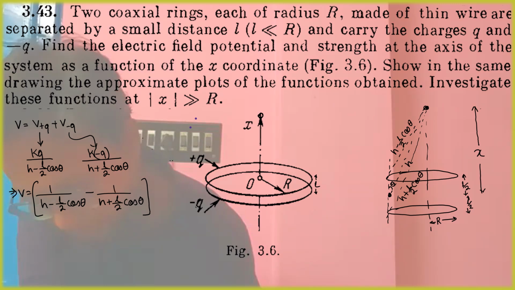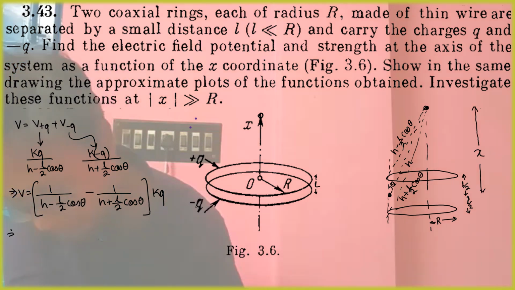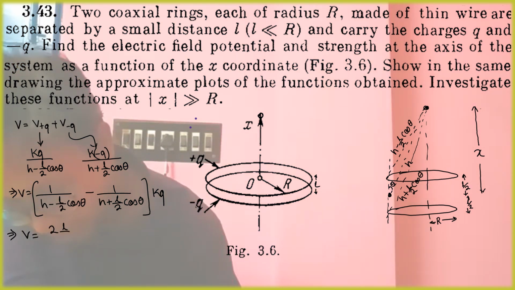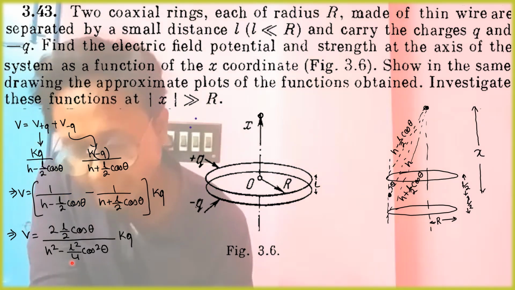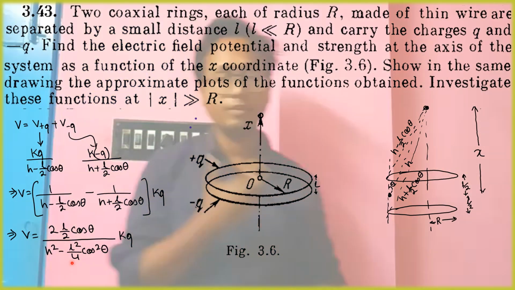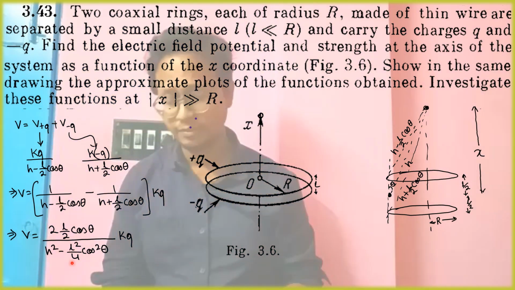Then I have to subtract this term from this term. So I'm left with 2L by 2 cos theta divided by h square minus L square by 4 cos square theta. I just keep the LCM in the calculation. I've done this kind of calculation before also in the previous question.